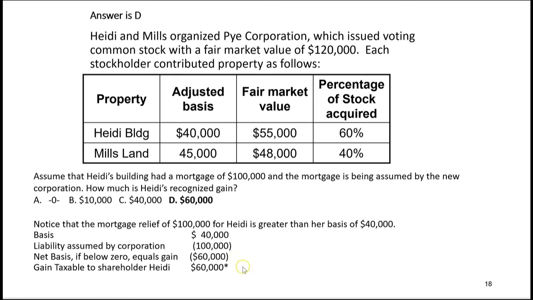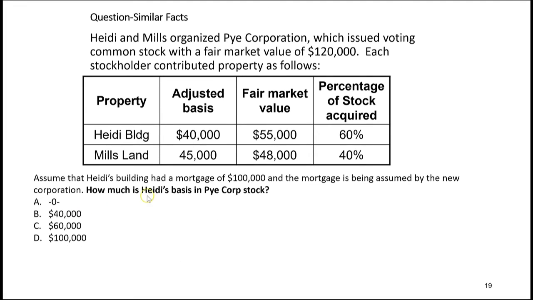And we do that by adding $60,000 to her basis, and that creates this gain, which is taxable to shareholder Heidi right now. So the gain taxable to Heidi, her recognized gain this year, $60,000, which is letter D. So when there's debt relief, you take away that whole mortgage and you see if it winds up being underwater like this, minus $60,000, you got to bring it up to zero, and that's going to create a recognized gain.